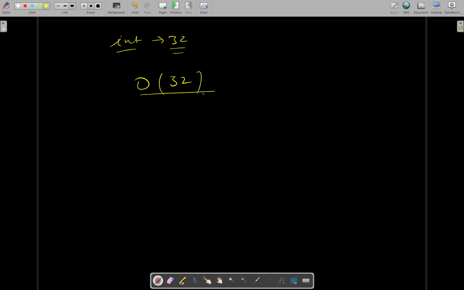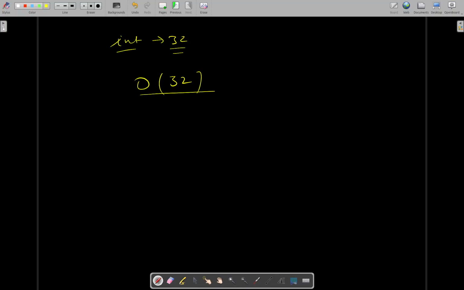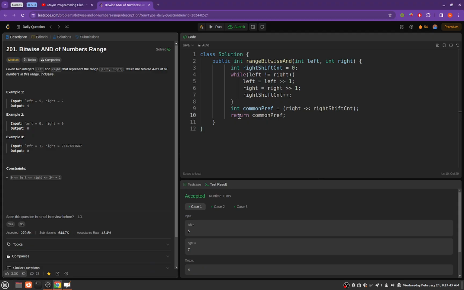So the time complexity, if you take this as a constant, is approximately constant, but if you are concerned with a particular threshold, then it's order of 32. And for space complexity, it is constant extra space. We are not using any space here. So these are the complexities.